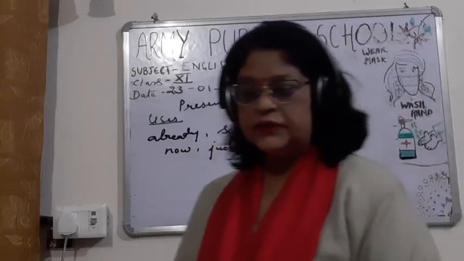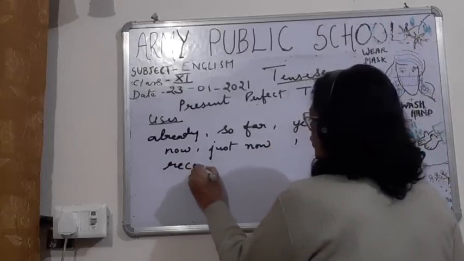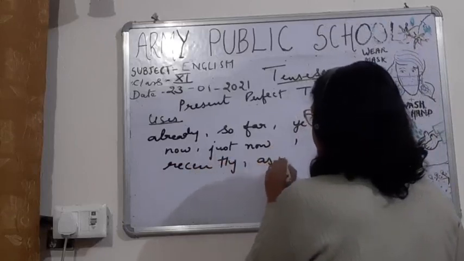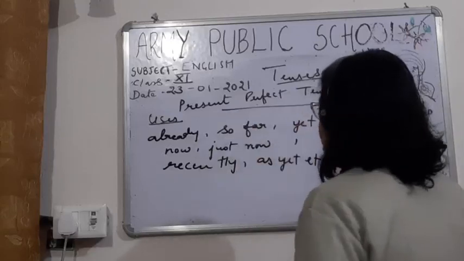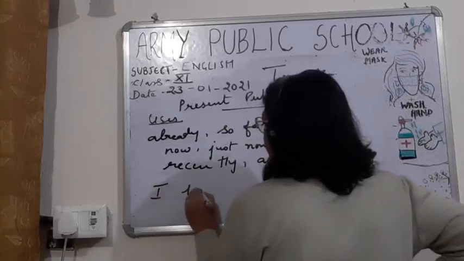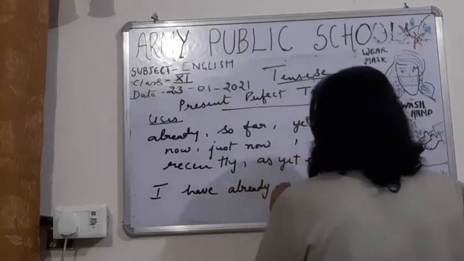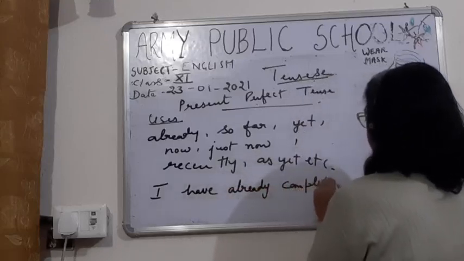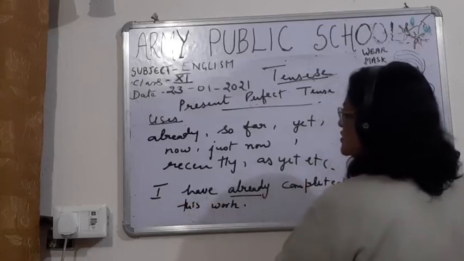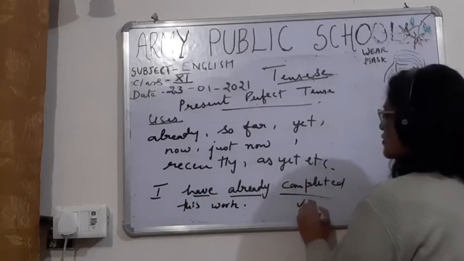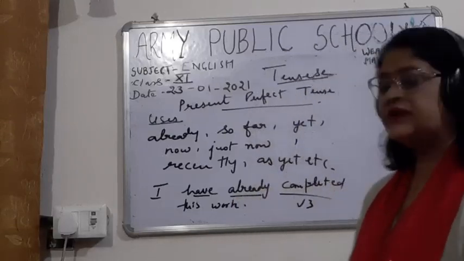If these words are there, recently, as yet, etc., then it will be present perfect tense. Like, I have already completed this work. Here already is there. That's why this is present perfect tense.